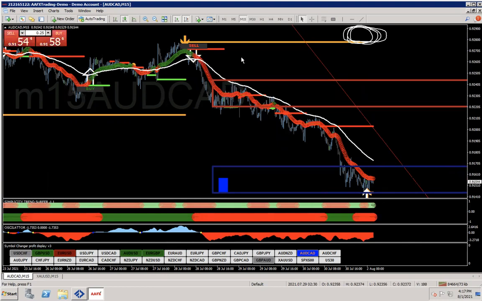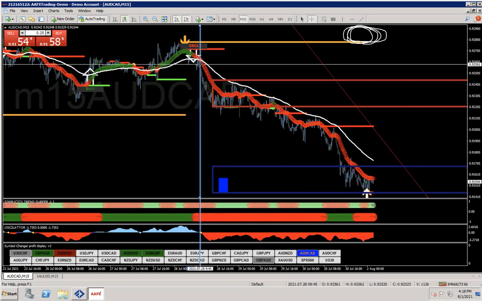But you got to get your entry tight. Look at this entry right here, y'all. When this thing crossed, look how everything lined up. Red, red, red, red. If you do your entry right there, your stop loss on this is nothing. Let's just round it up to 20 pips, just to be conservative.